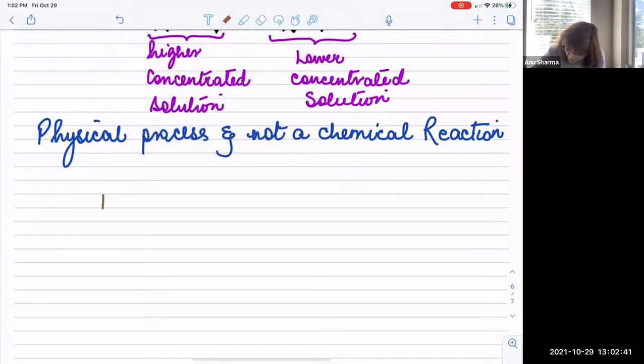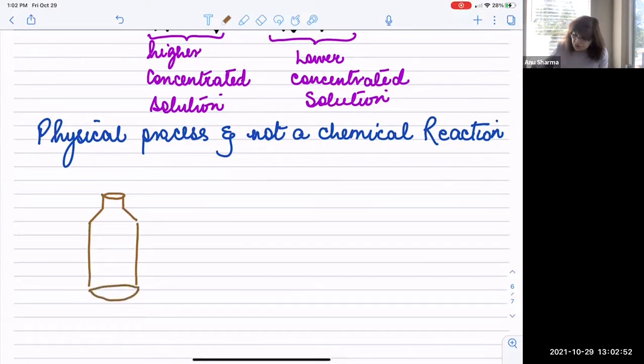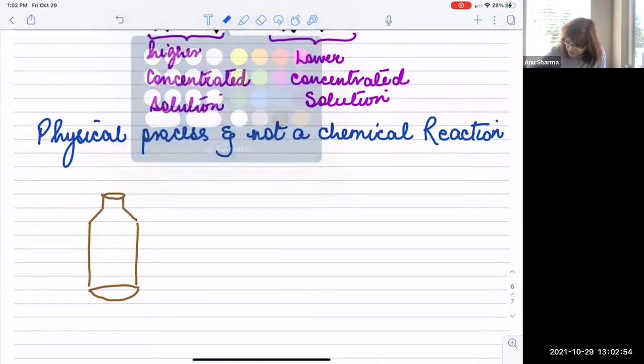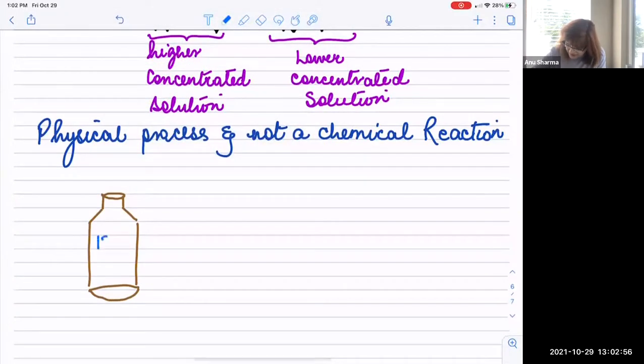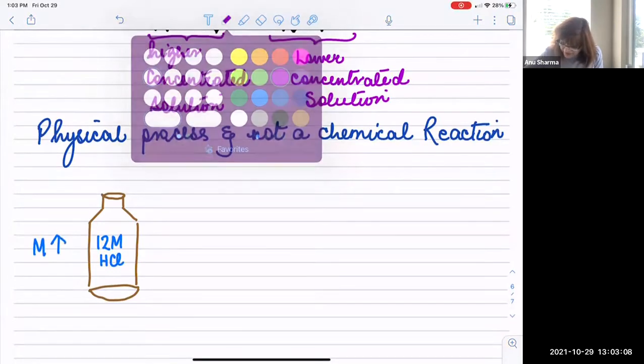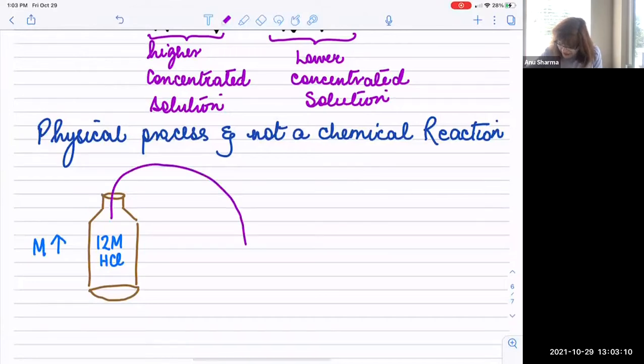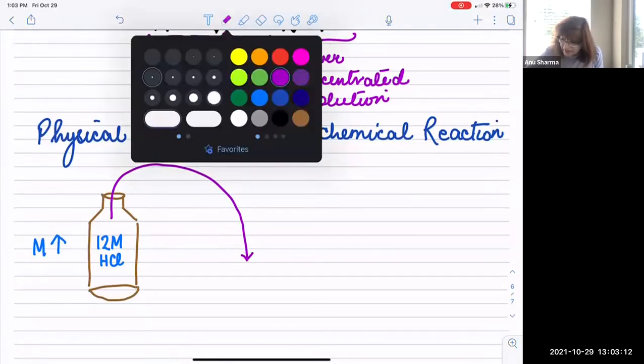You take a solution of higher concentration that is in the labs. This is a bottle of a solution of higher concentration. Let us say this is 12 molar HCl, one example. The molarity is high, right? Some amount of it is taken out and put in an Erlenmeyer flask.